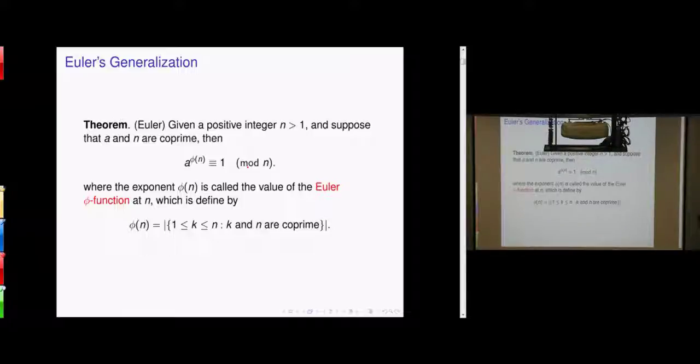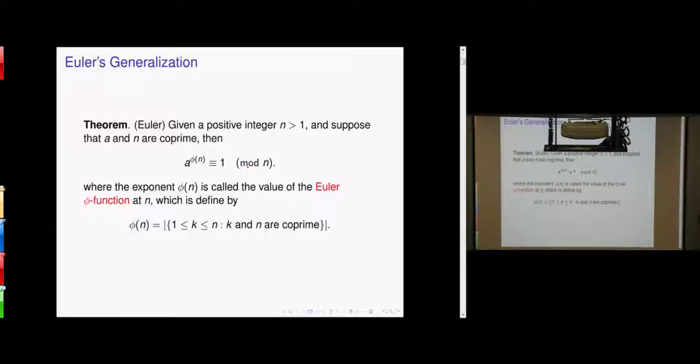So what is the definition of Euler's phi function? So phi of n is a number which counts the number of k so that k is between 1 and n, and k and n are co-prime. So I give you an n.